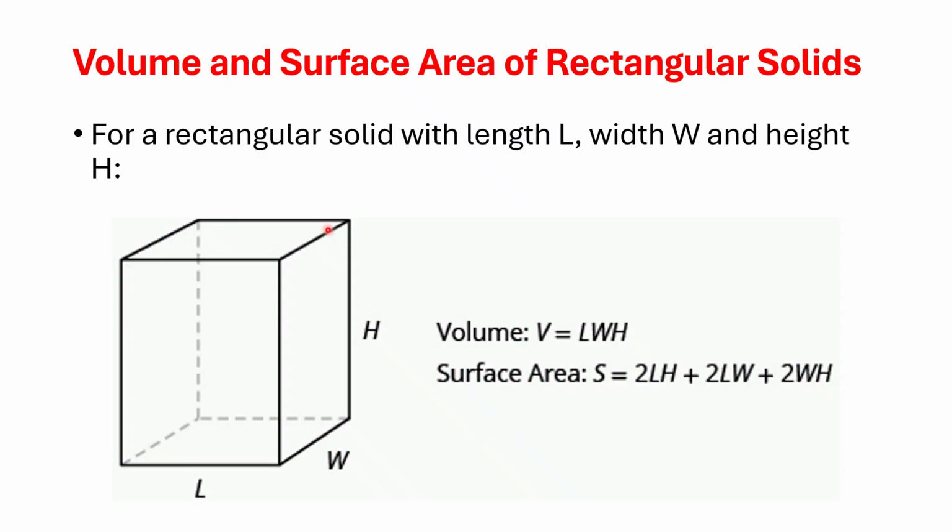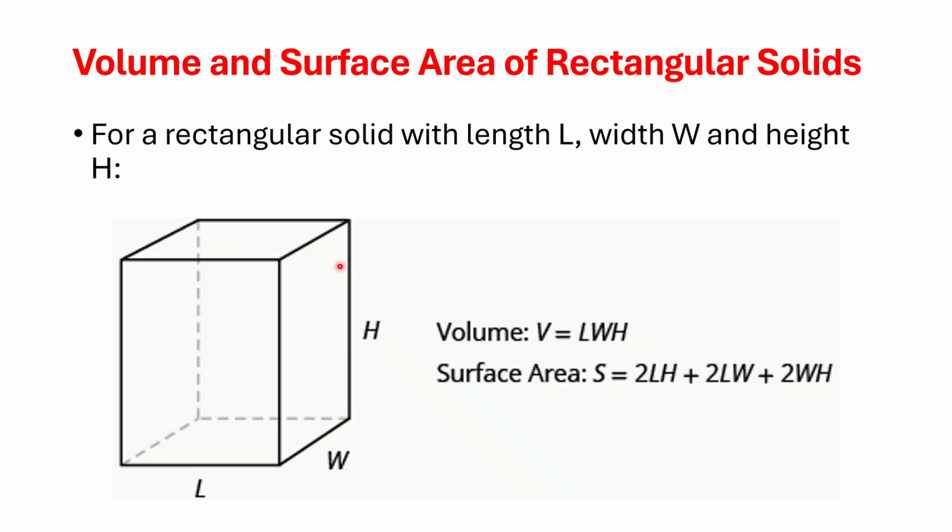But as you can see, the top and bottom areas are just the same. So the area of the bottom is simply length times width, and there are 2 of them. So that's why we have 2 times L times W. Similarly, for the right and left sides, we have the area of this side, HW.